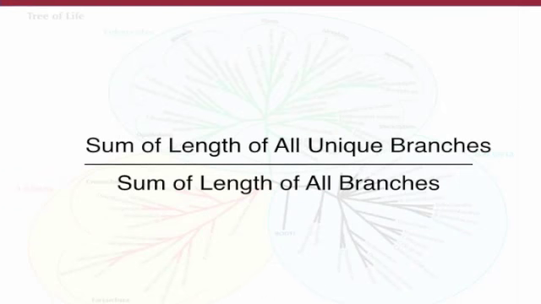So it's the sum length of all the unique branches going up to either of the two communities divided by the sum total of all the branch length. So it's a measure of the uniqueness between two communities, not just the uniqueness of one.